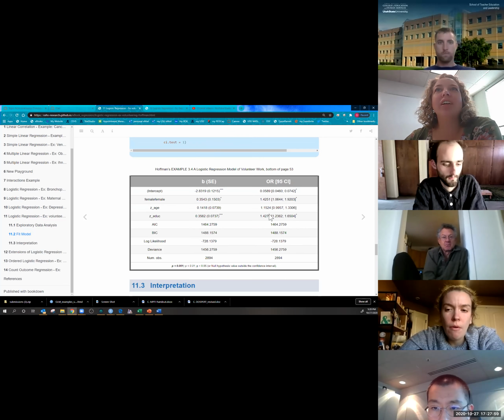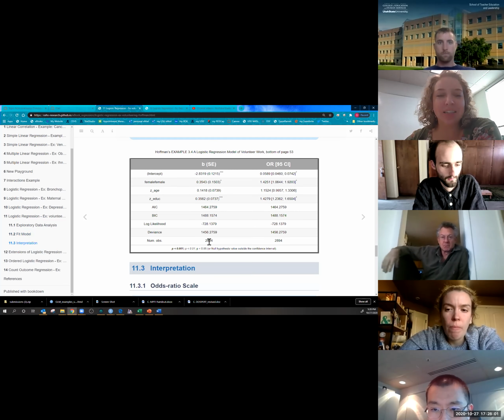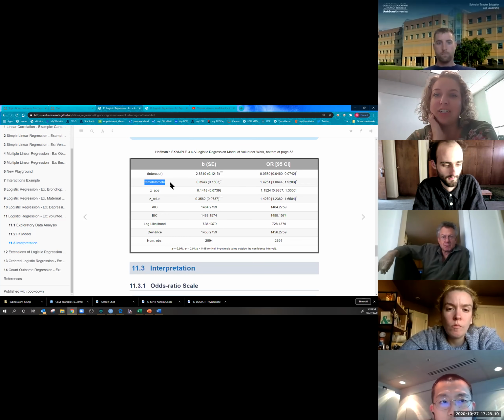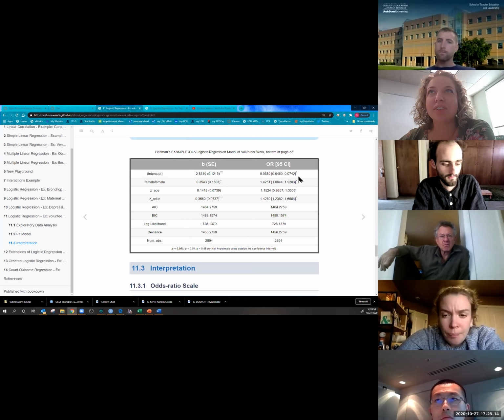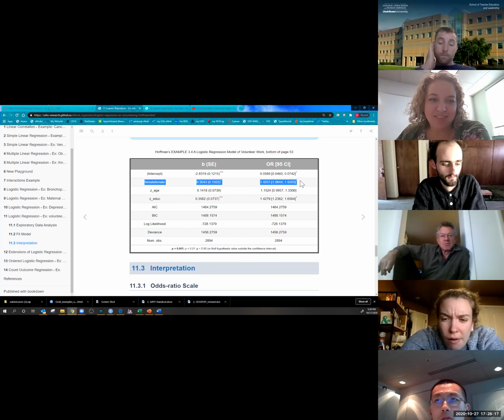Okay. So here's my table with both the betas and the standard errors, the logit and exponentiated, so their odds ratio. So what's the connection between females and volunteering? Which number on this line do I want to interpret? Megan, I'll call on you.